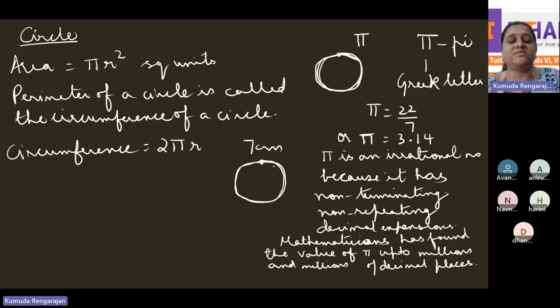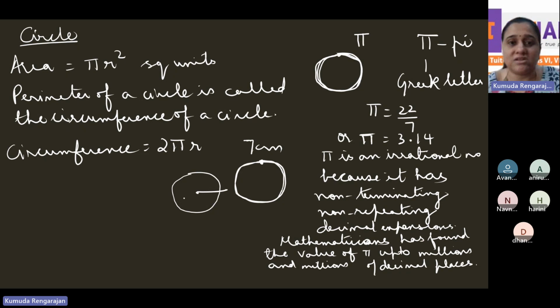So the length of the thread is 7 centimeters, which means the perimeter or the circumference of the circle is 7 centimeters. We don't know the radius. Radius is not 7 centimeters. We can find the radius, but we do not know the radius. So when you have a thread of length 7 centimeters and you turn the thread around to form a circle, 7 centimeters is not the radius.